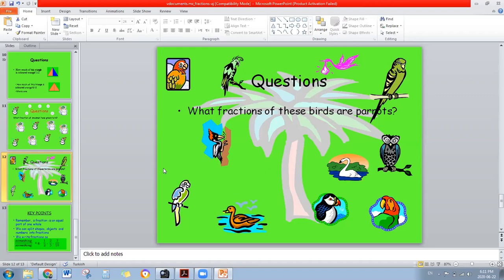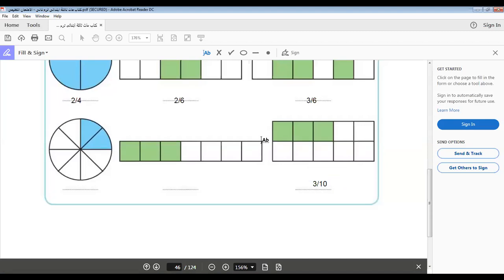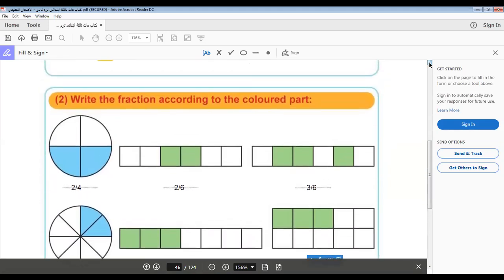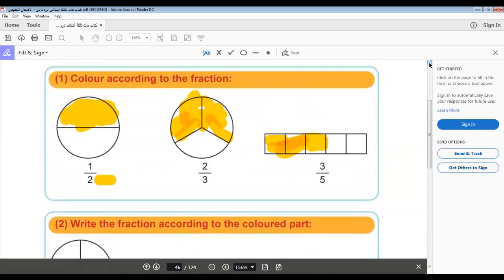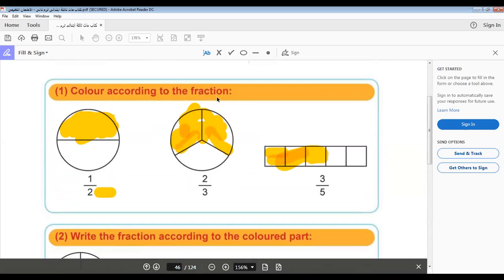Now I want you to open your book at page 46. First question: color according to the fraction, and I do it. The first one, it's too easy, a half. So you have to color one part. Second one, 2 over 3, or 2/3.